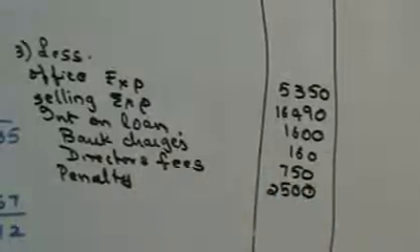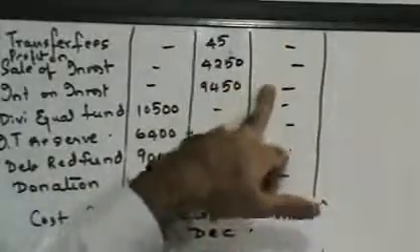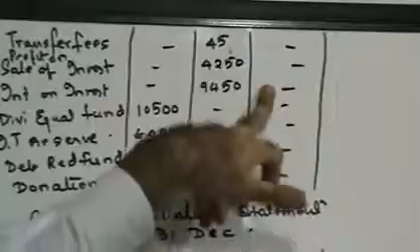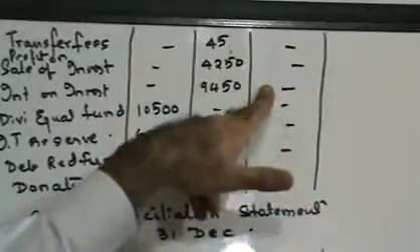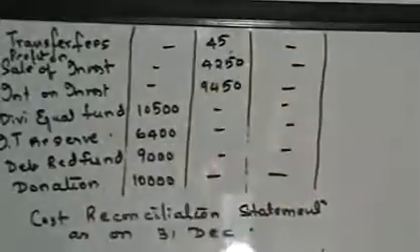Okay. Next, let's see this. Transfer fees, profit on sale of investment, interest on investment. All of them are less in cost sheet. But these are credit side entries. For credit side entries, the rule reverses. This is less here, so this is going to go in more column.